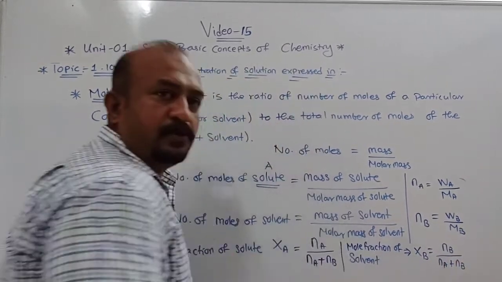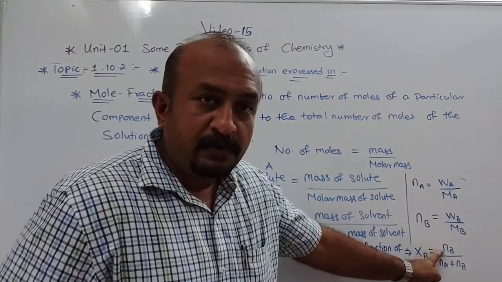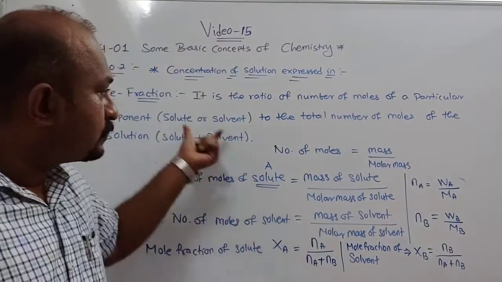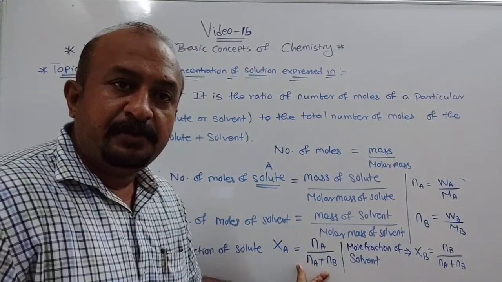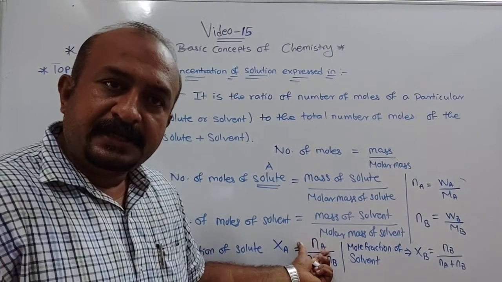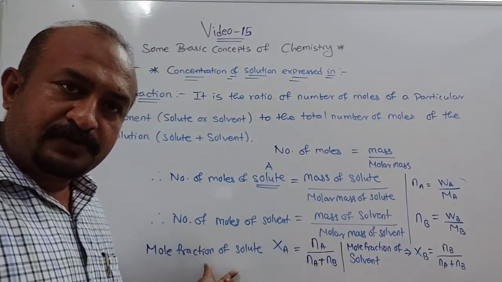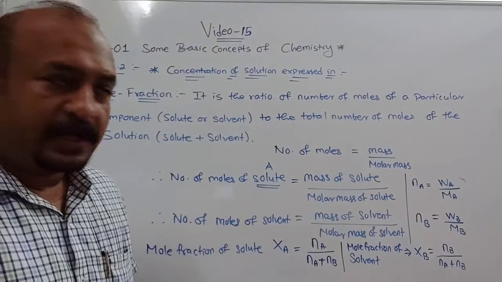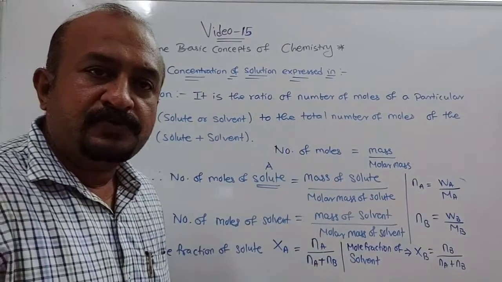That means moles of solvent upon moles of solute plus solvent, that is, the total moles of the solution. So in the denominator it is the total moles of solution. In the numerator it is either moles of solute for the mole fraction of solute, or moles of solvent for the mole fraction of solvent. So this is the formula we use for mole fraction.